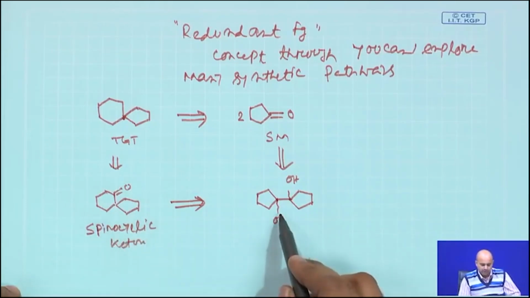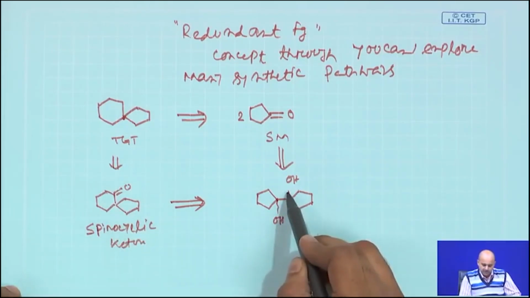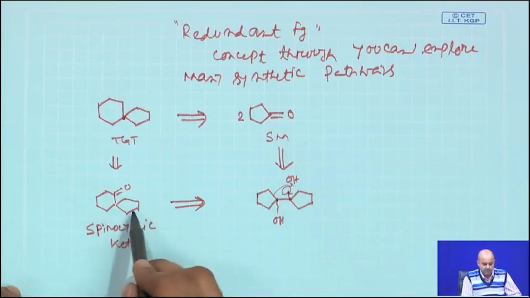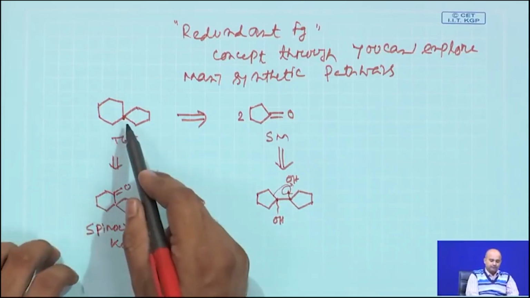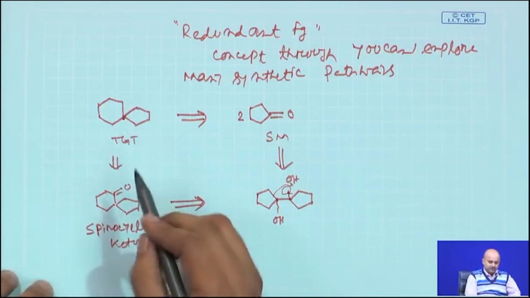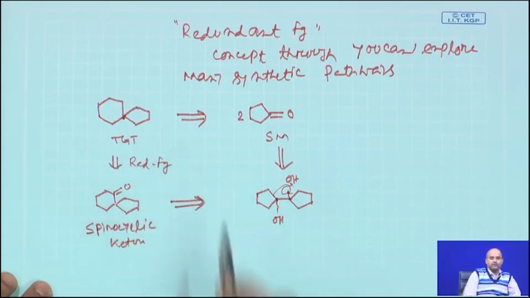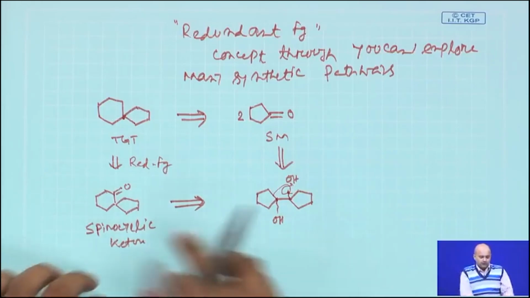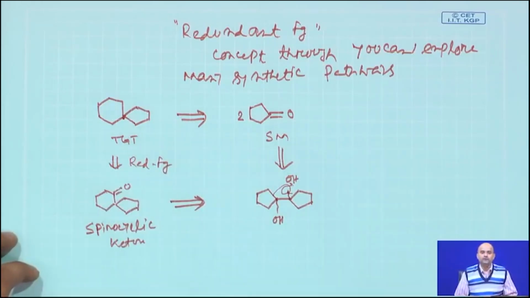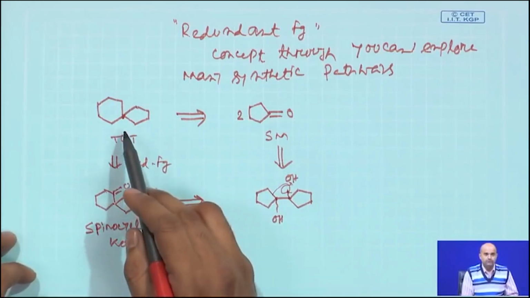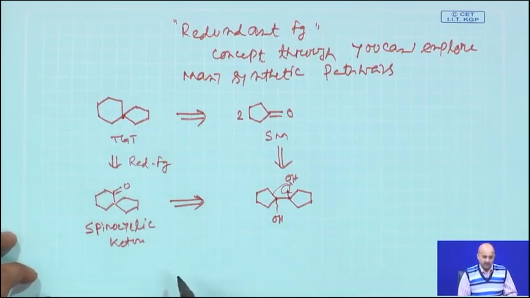The pinacol rearrangement will basically give you this, then this migration takes place, and you come to here. Now, the main thing is your redundant functionality. So, simple exploration of redundant functionality will lead you to the target molecule, as I said.